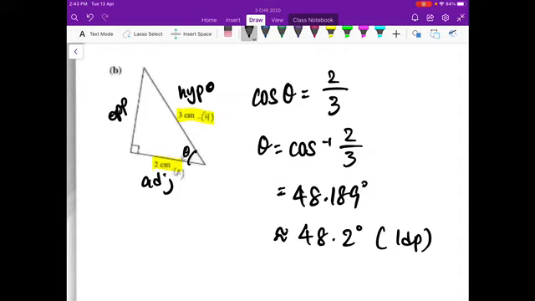Why not tangent? Because you do have the opposite value. You can do Pythagoras, then you'll find the length of the opposite. Then after that you do tangent, can, but why you want to go through so many steps? If opposite, use sine also can. But why you want to do so much? Just use the cosine.